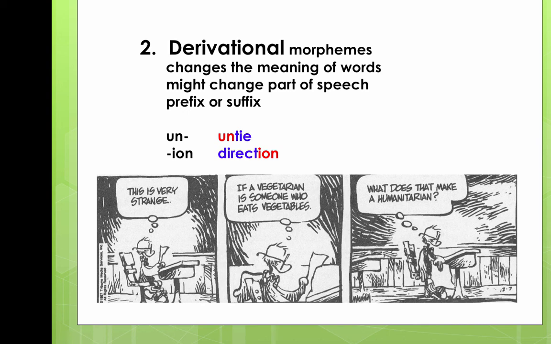You can have tion, which is a suffix, it comes at the end, and it is changing the meaning and the part of speech. Direct, as in a verb, she directs the traffic, or direct as in an adjective, take the direct route to school. Changing direct into direction, direction now is a noun. The direction is north.